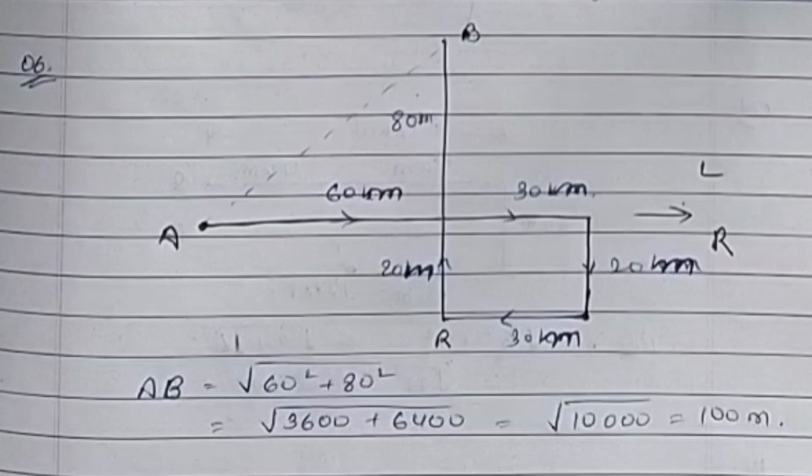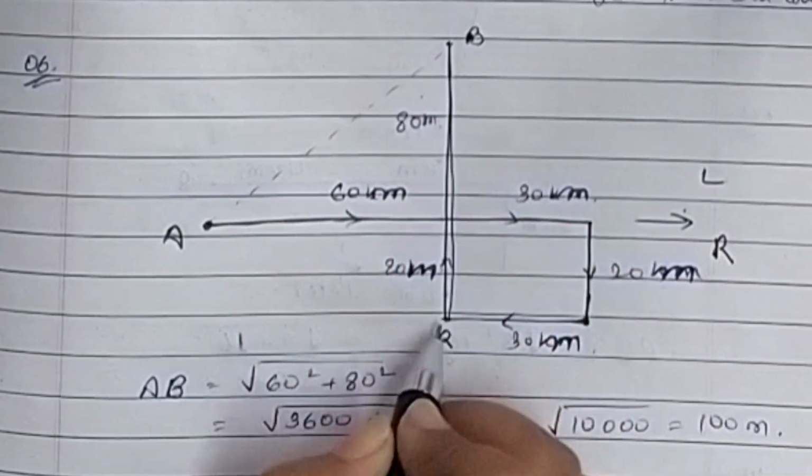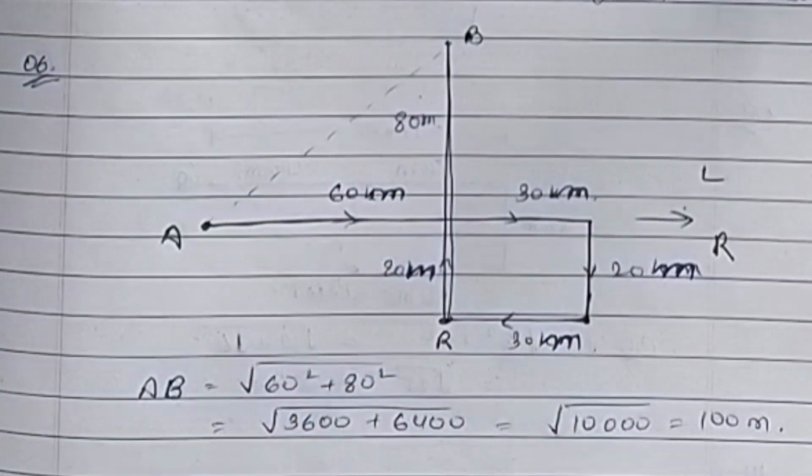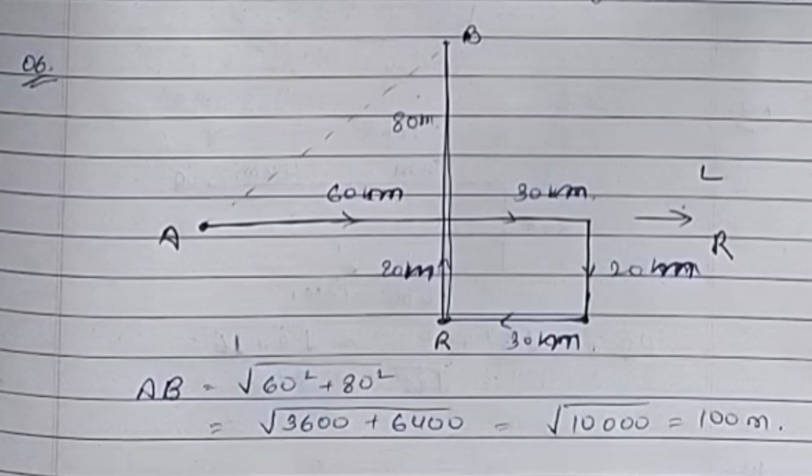So he went 100 meters in the north. He again went 100 meters like this from here, before meeting his father in a street. So how far from the starting point did the son meet his father?